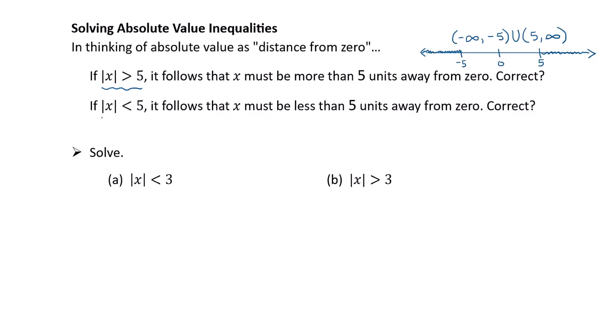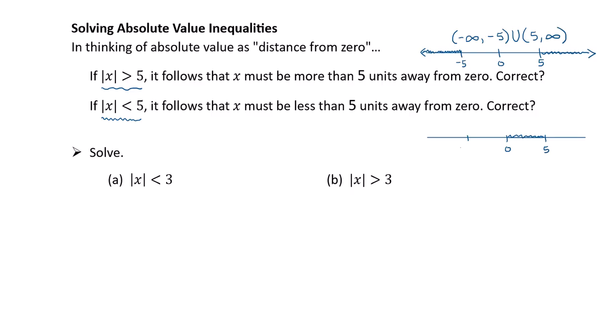Now, if the absolute value of x is less than 5, it follows that x must be less than 5 units away from 0. Let's try the same graphing strategy. Here is 0, here is 5, and these numbers are less than 5 units away from 0.